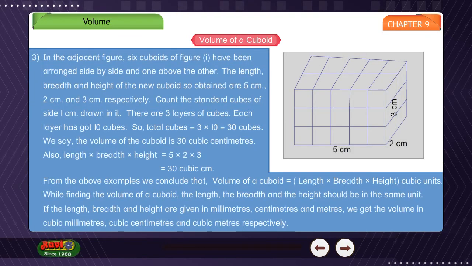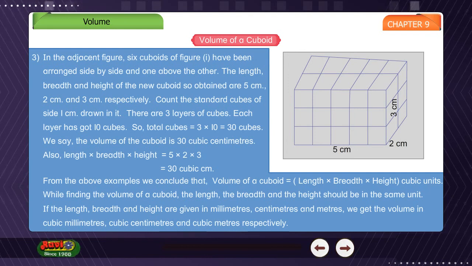3. In the adjacent figure, 6 cuboids of figure 1 have been arranged side by side and one above the other. The length, breadth and height of the new cuboid so obtained are 5 cm, 2 cm and 3 cm respectively. Count the standard cubes of side 1 cm drawn in it. There are 3 layers of cubes.